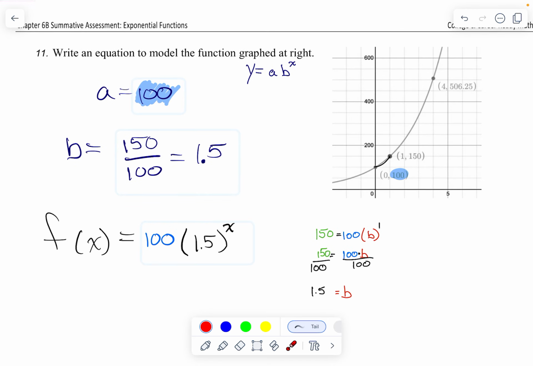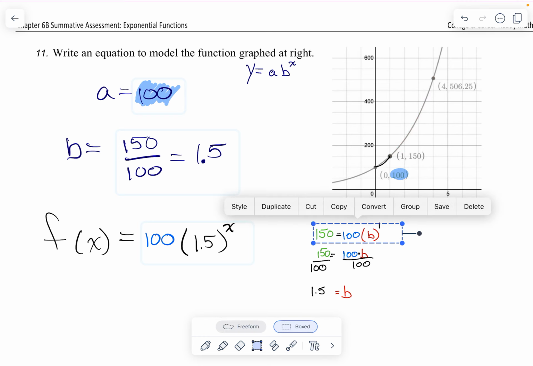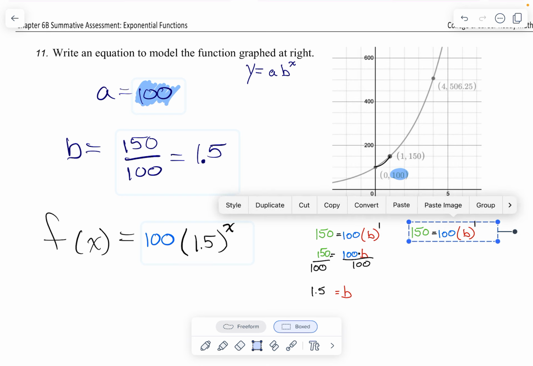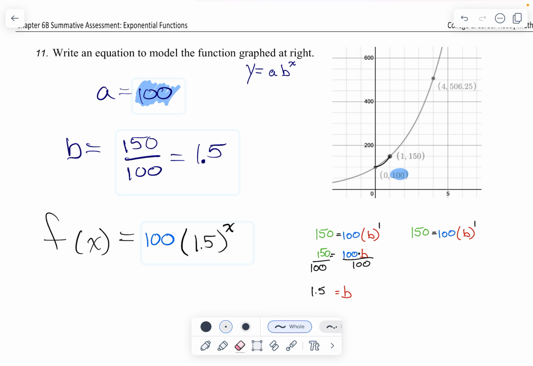Now, we could do something similar over here, but it would be a little bit trickier. We start at 100. We end at 506.25. And now we have to think, how many x values did we move going from 0 to 4?